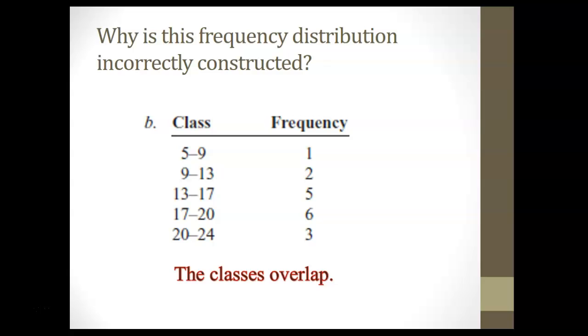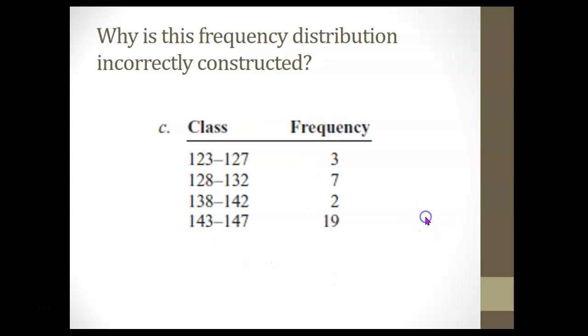And what about this example? What's wrong with it? Again, you can't tell anything from looking at the frequencies. We just got to assume that those are the correct numbers based on the original data. Whatever those numbers were, there were 3 of them that were in this class and 7 of them in this class. So look at the class limits. There's something wrong there. You see it?